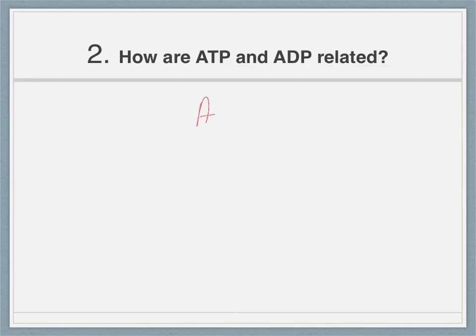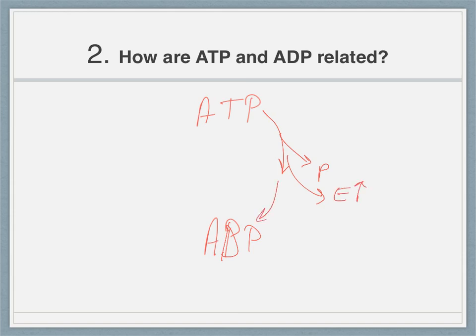ATP and ADP are related in that they form a cycle. When a phosphate is knocked off and energy is released, you form ADP from ATP.